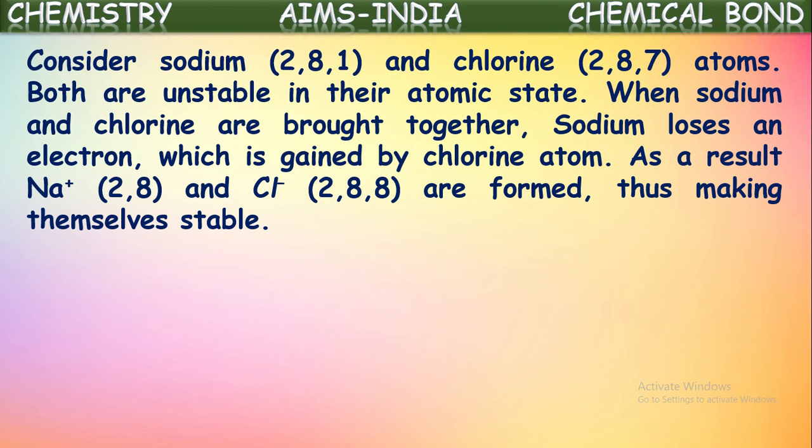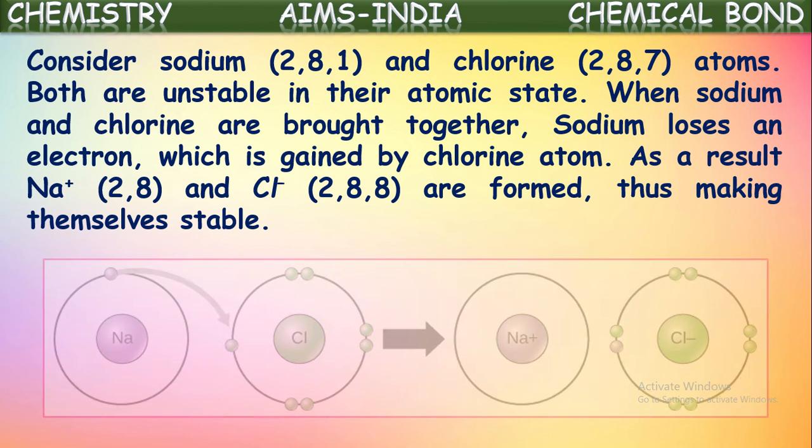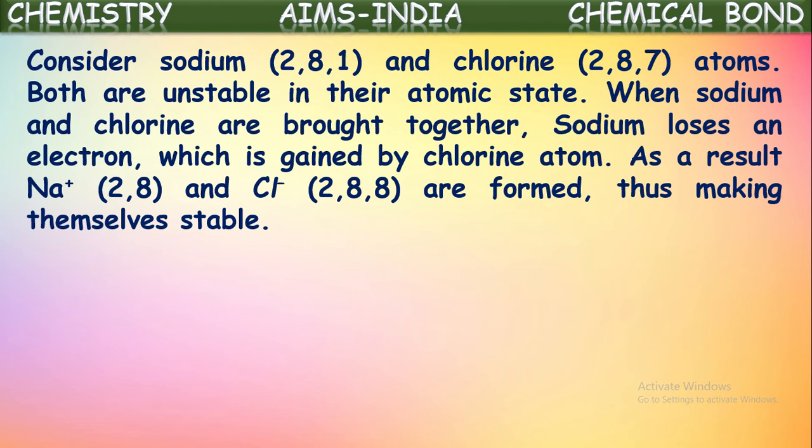Consider sodium, whose atomic number is 11 and its configuration is 2, 8, 1. And let us consider one more atom, chlorine also. Both are unstable here, isn't it? Because they do not have 8 electrons in the outermost shell. For sodium, there is only 1 electron in its outermost shell, whereas chlorine has 7 electrons in its outermost shell.